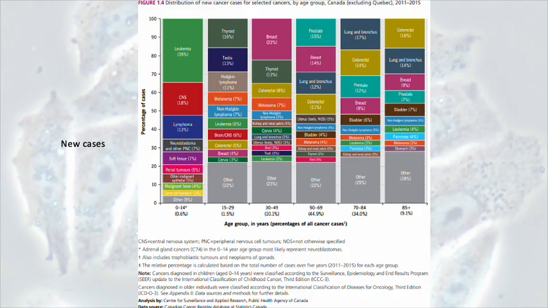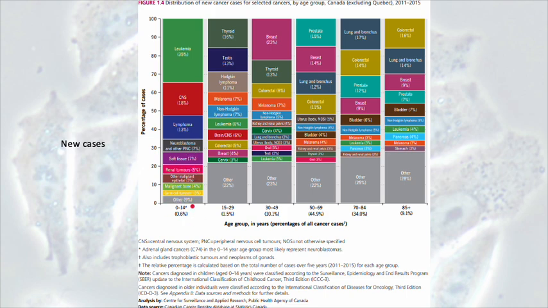Okay, so for this chart, we're looking at new cases of cancer by age group. So at a given age, say right here, this is 0 to 14 years old, 15 to 29 years old, 30 to 49 years old, 50 to 69, and so forth. For a given age category, it is showing the types of cancers that have the most new cases.